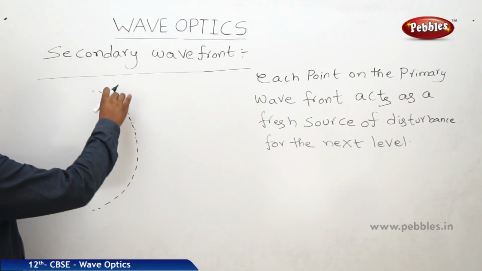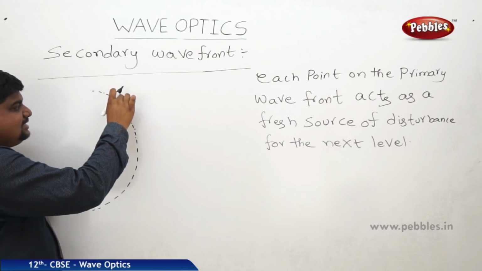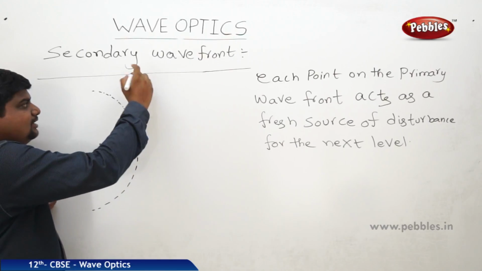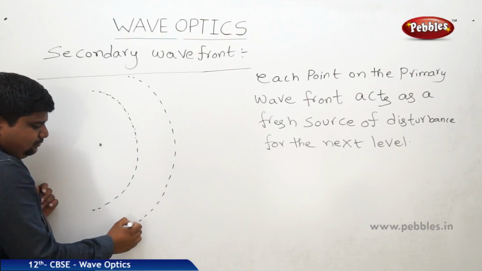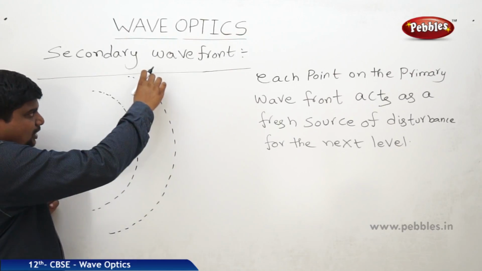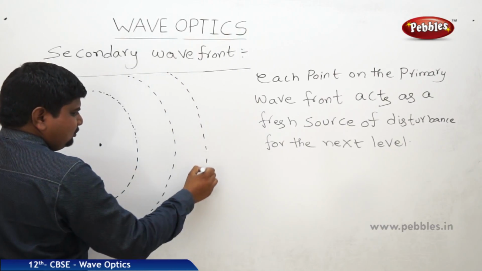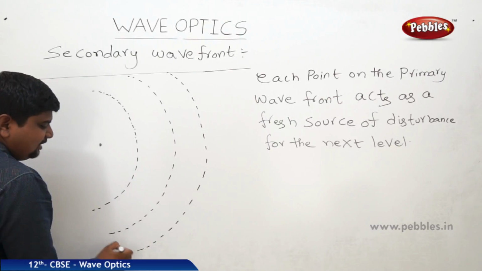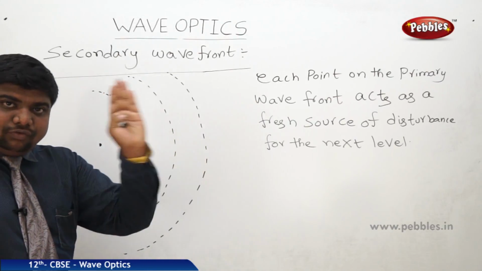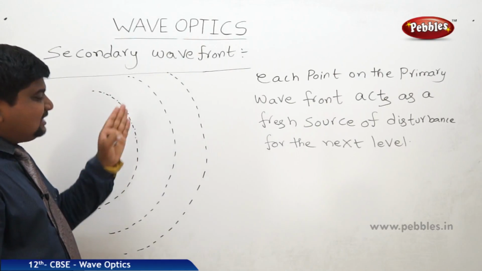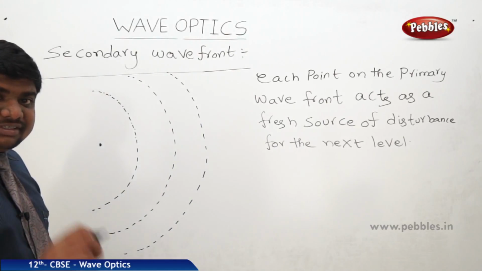That means a point on this primary wavefront creates a disturbance, and this disturbance shifts to the next level. Because of that, one more circular waveform is forming. And the point of this one acts as a fresh source to create the next level disturbance. These are called secondary wavefronts, and these secondary wavefronts can travel in all directions with the speed of light.